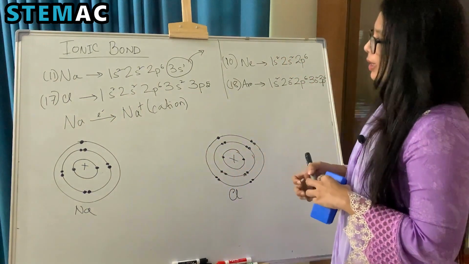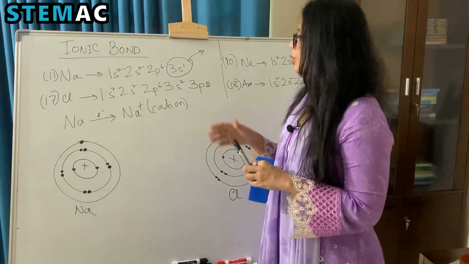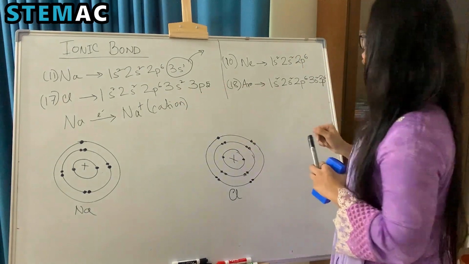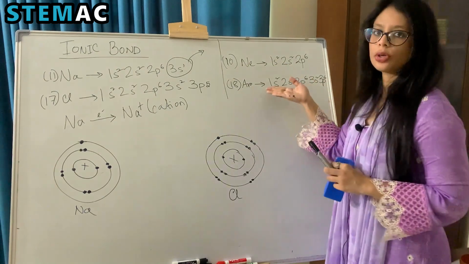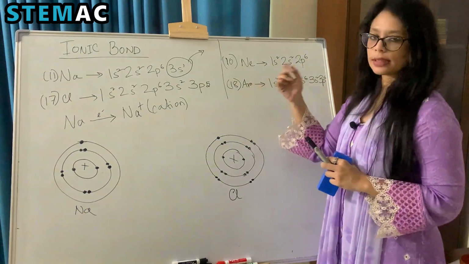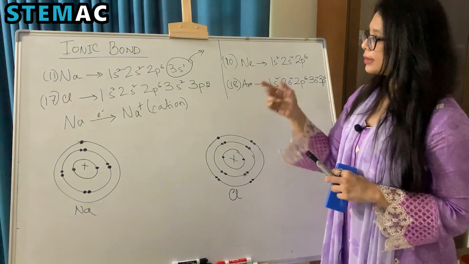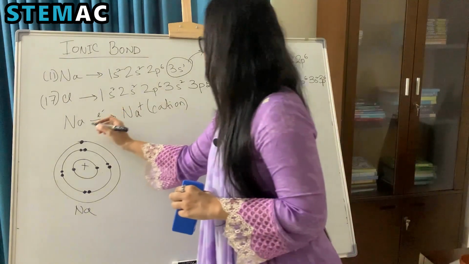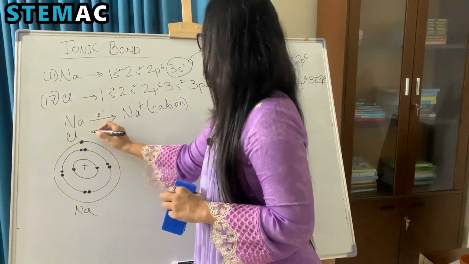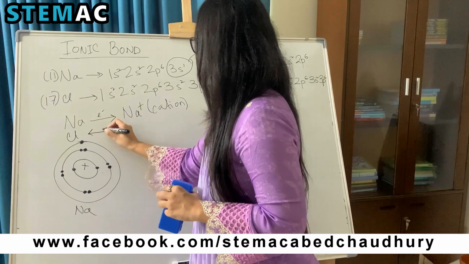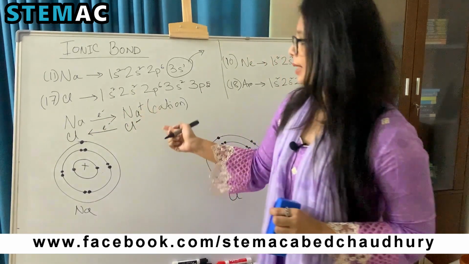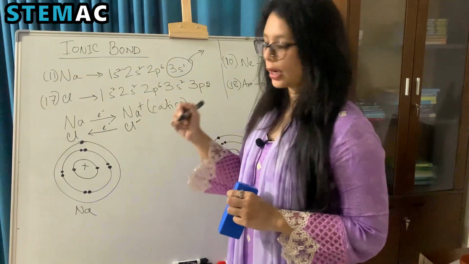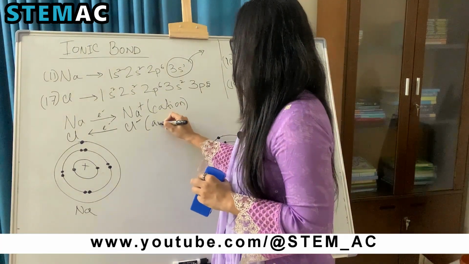Just like that, chlorine has a configuration which needs just one more electron to have the closest octet configuration of argon, which has 18 electrons. So this chlorine will accept the electron donated by sodium, and by doing so it becomes a negative charge. Since it accepts one electron, it is a single negative charge, and this is known as an anion.